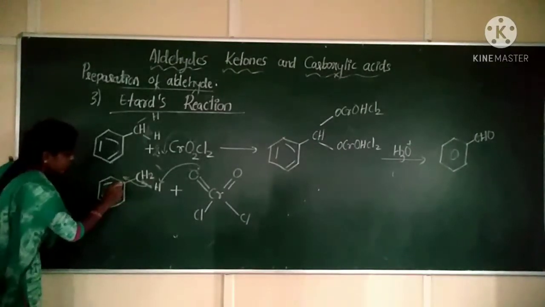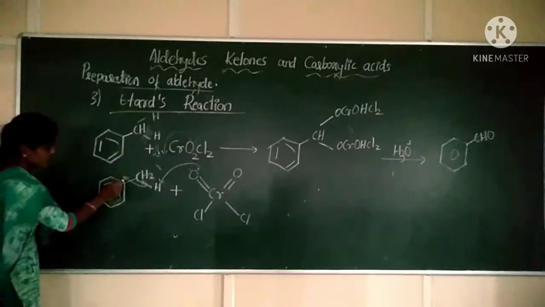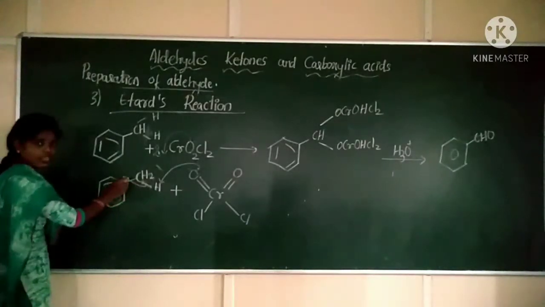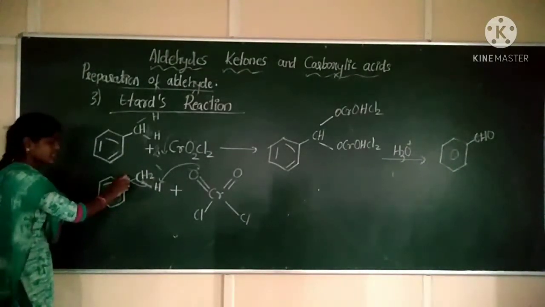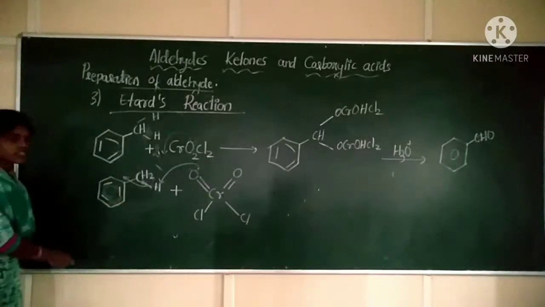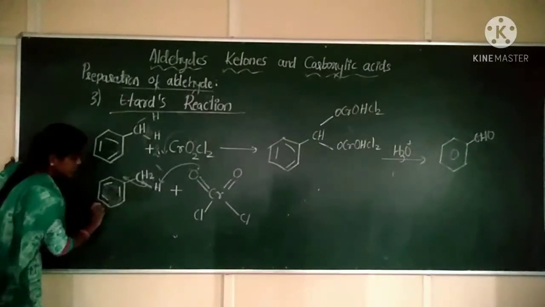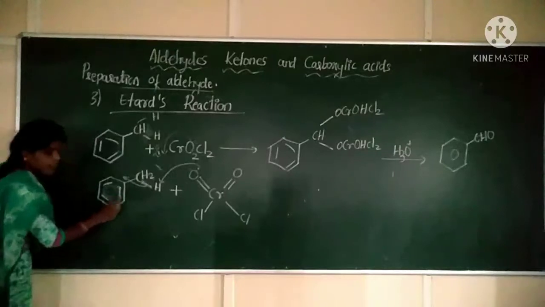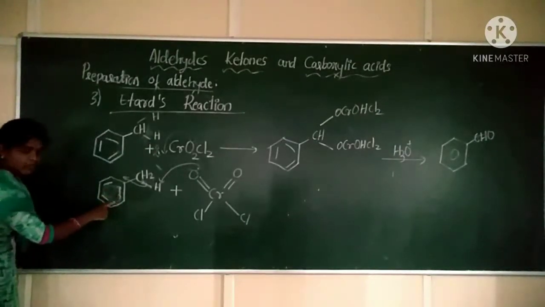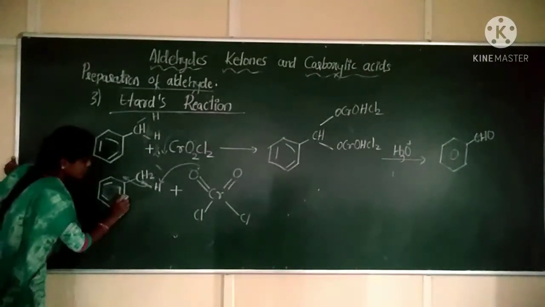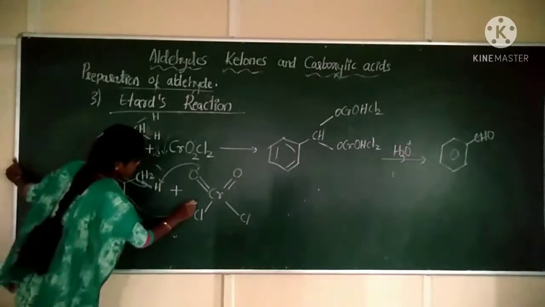Now this carbon already has four bonds, and again two electrons are coming, so it becomes unstable. So these electrons, this pi bond present inside the benzene, will move toward chromium.